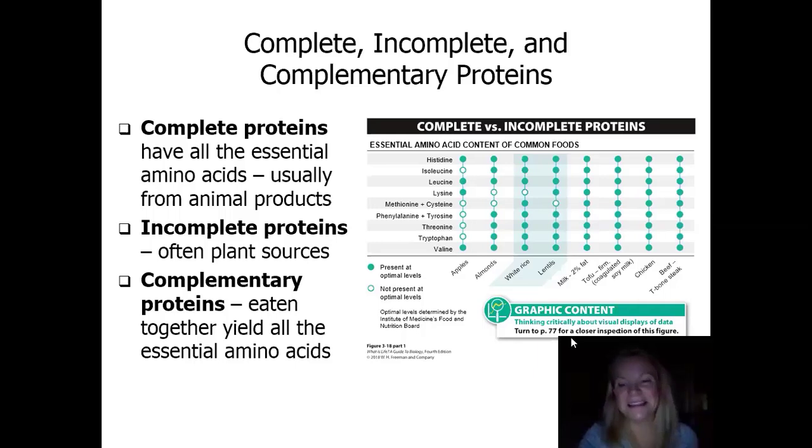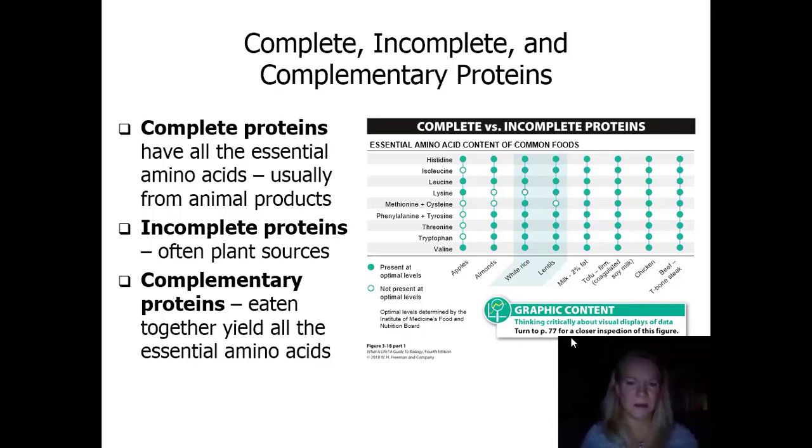There's better products and not good products of all of these, right? Chicken, great, but chicken that's raised in a very healthy way is going to be healthier for our bodies, etc. But then you have some, here's apples, and it doesn't have quite those. So if you can't access, or you don't want to have animal products, you have to really study and do a combination of foods to get all your essential amino acids. So they're called complementary proteins.